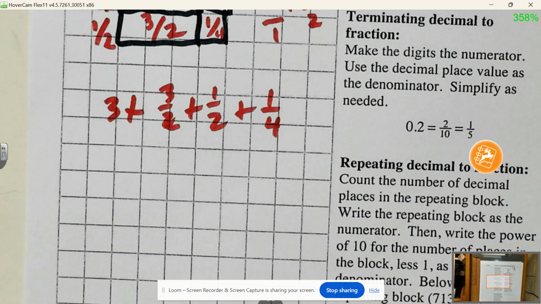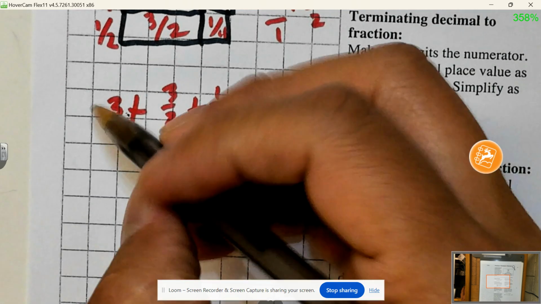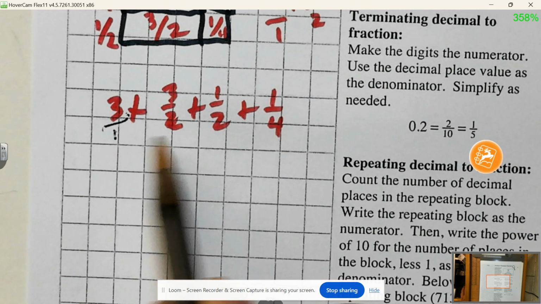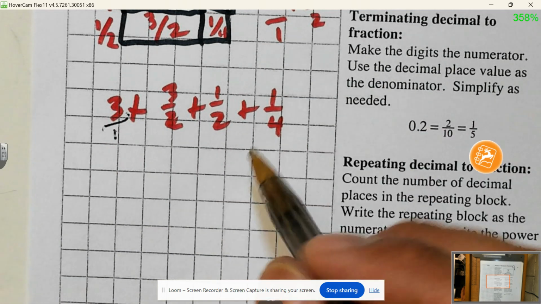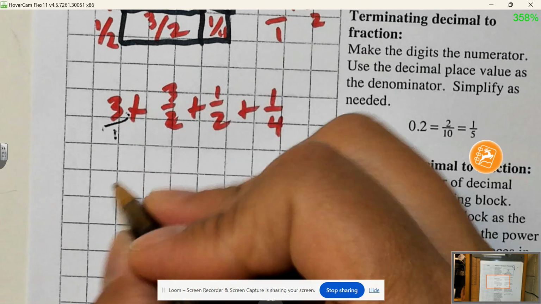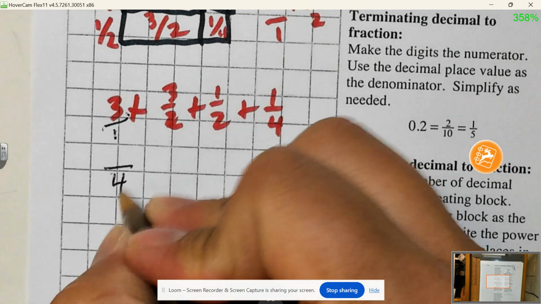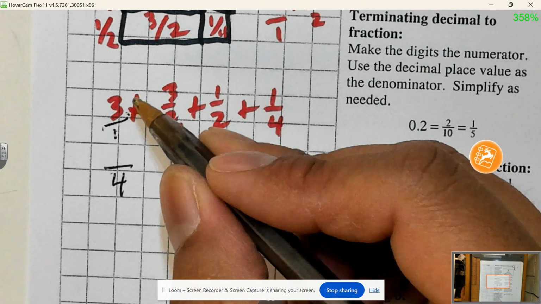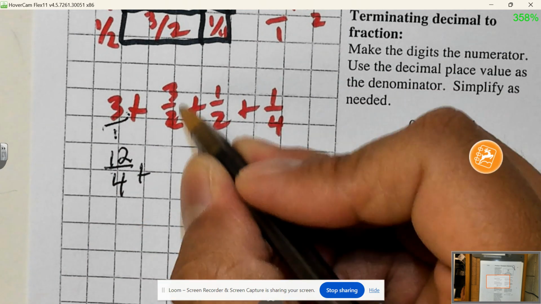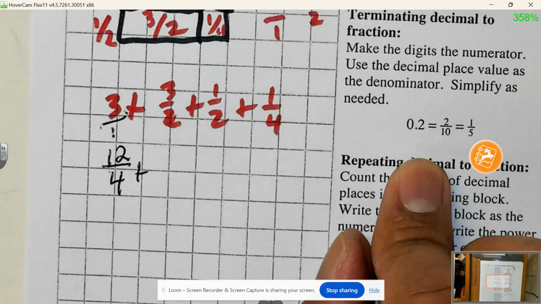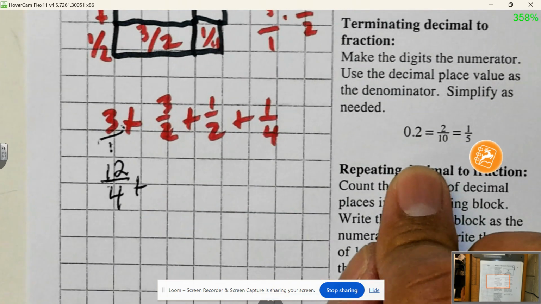Since we have fractions involved, we're going to need common denominators. Let's call the 3 a 3 over 1. So we have denominators 1, 2, 2, and 4. The common denominator is 4. So let's change 3 to a number over 4. How many fourths are in 3? There are 12. And then 3/2: now all we're doing at this point is using our giant ones.